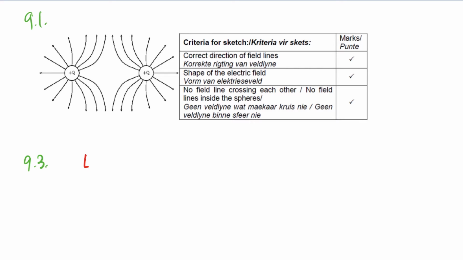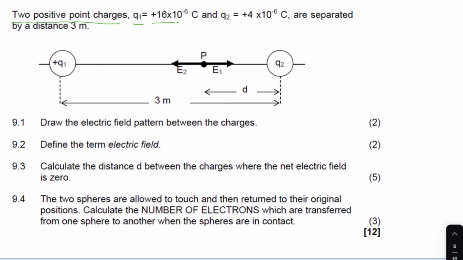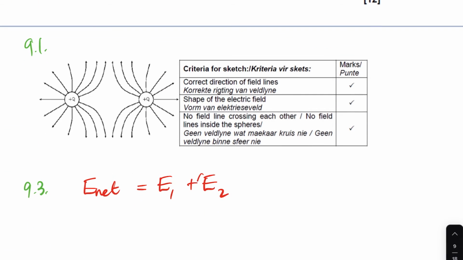So guys, the net electric field, E1 plus E2, is equal to 0. But it's very important, guys, to understand E1 is going to the right and E2 is going to the left, which is negative. The one that is going to the right is going to be positive. So E2 is going to be negative, right?